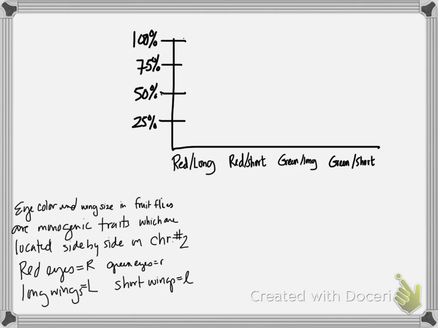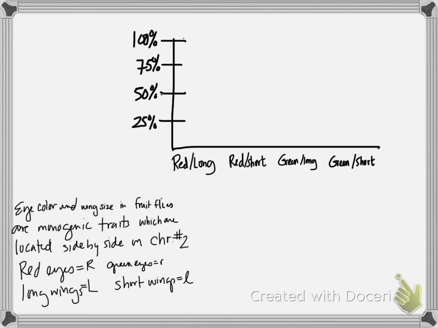So if you want to say that red long, which is the dominant phenotype, correct, to get points for that answer, what do you think you need to put in there? More than 56%? Less than 56%? We're saying that these two traits are carried side by side on a chromosome.